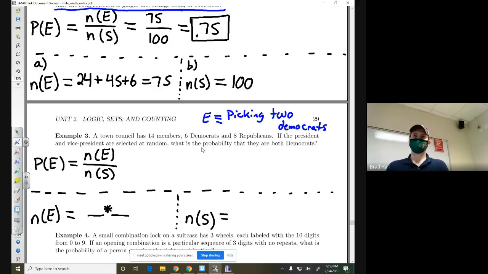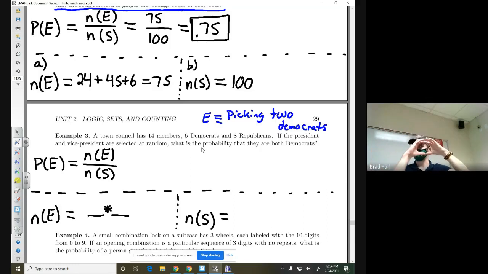The next question is, what are the numbers that go into the spaces? I said 6 and 8, but I don't know. So it's not going to be 6 and 8 because this event is only concerned about Democrats. So we have 14 members in total, that's true, but this is asking about just Democrats, which means not all 14, but just the 6 Democrats.